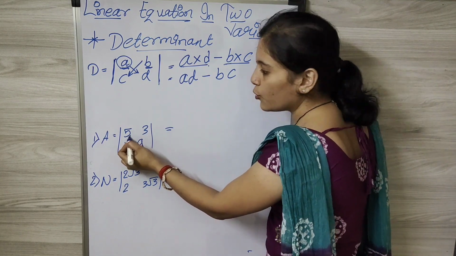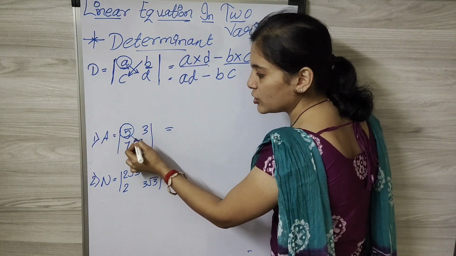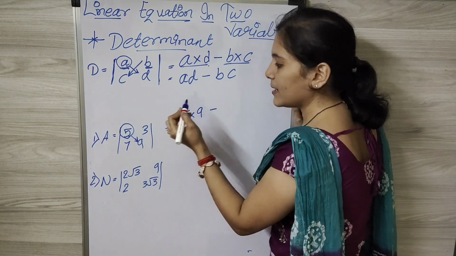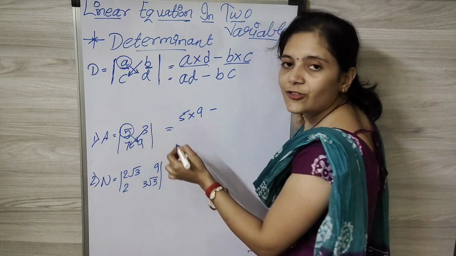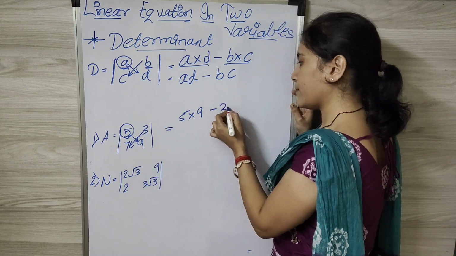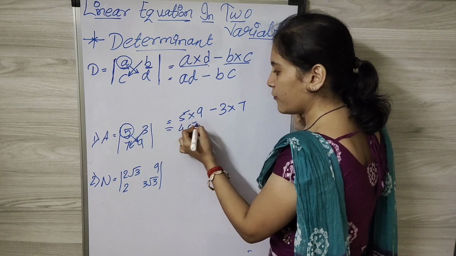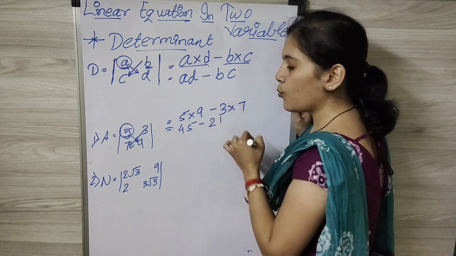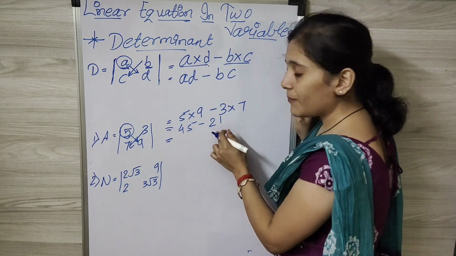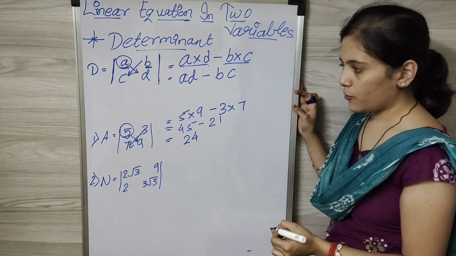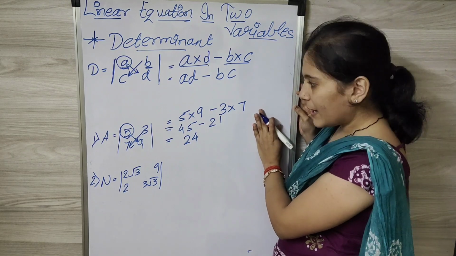First I am going to take 5. 5 into 9 minus the next value, 3 into 7. 5 nines are 45 minus 21, right? So 45 minus 21 is 24. I think you have got some idea.